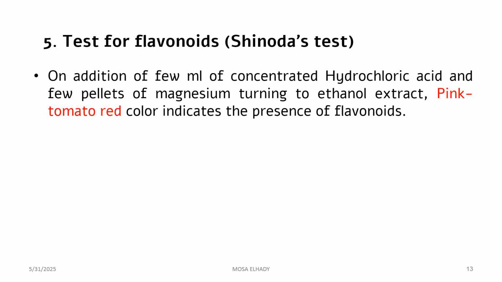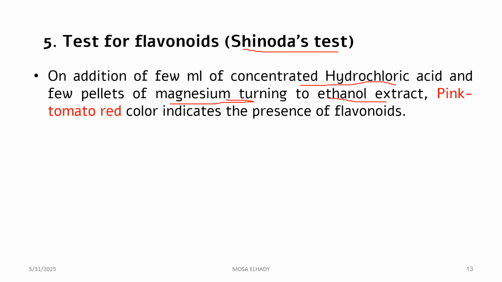For flavonoids, we use the Shinoda test. The Shinoda test consists of magnesium turnings and HCl as reagents. For preparation of flavonoid extracts for analysis, we use ethanol as solvent for extraction.